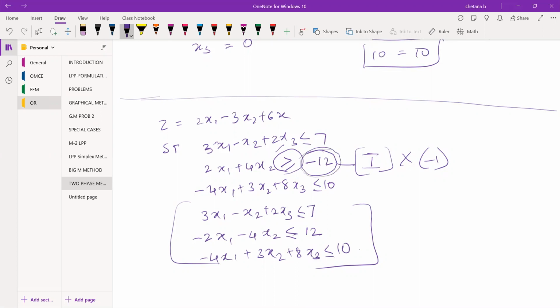If it is a minus sign, then you need to always multiply the entire constraint by minus 1. This you need to keep in mind. Or in the other way, if the symbol is like this and this is plus 12, then you can use the artificial and the surplus variables.